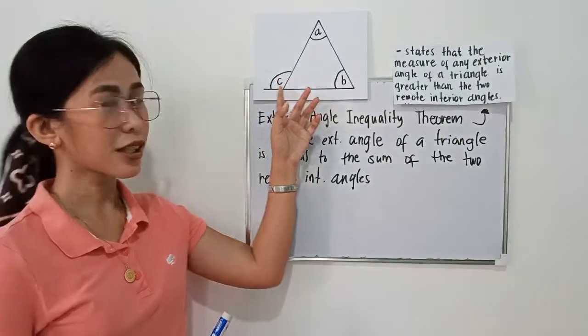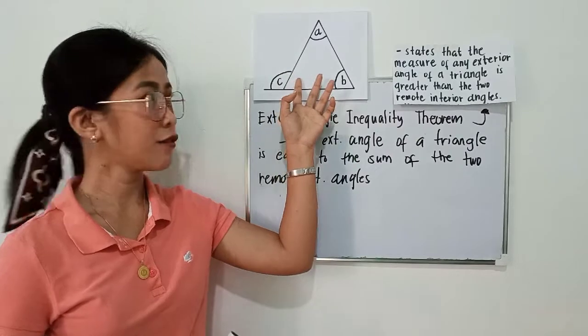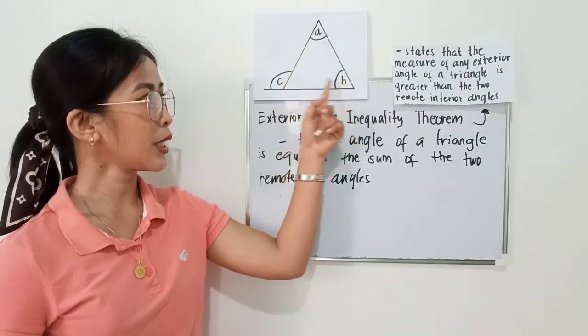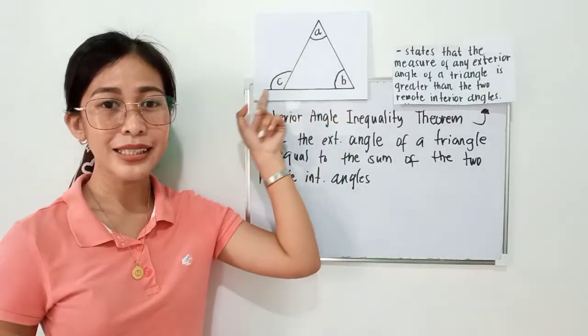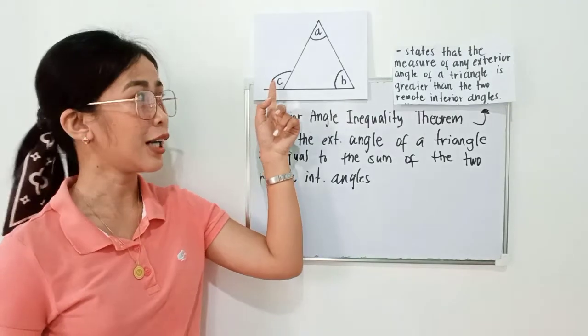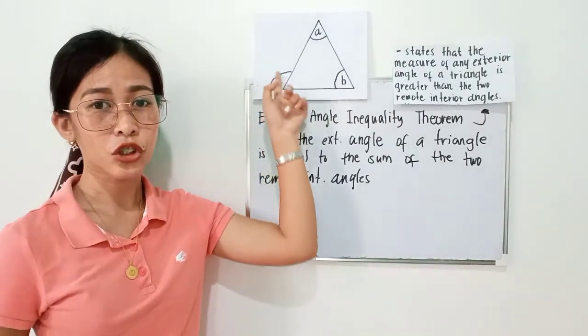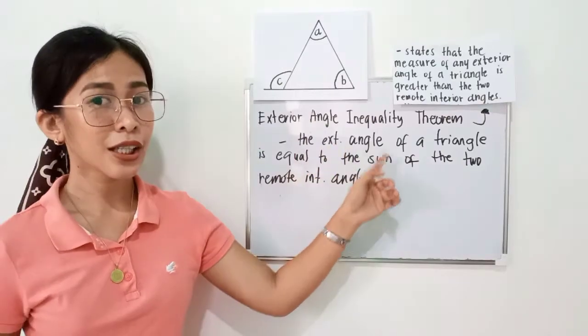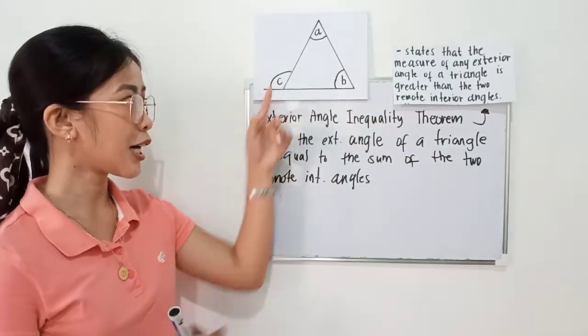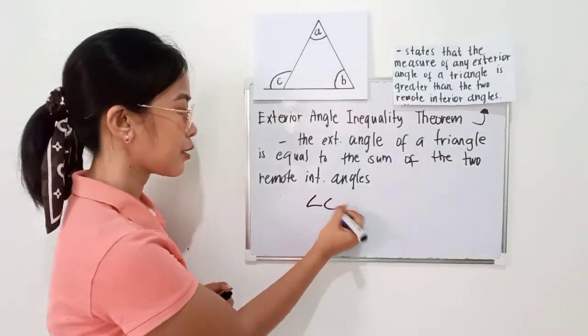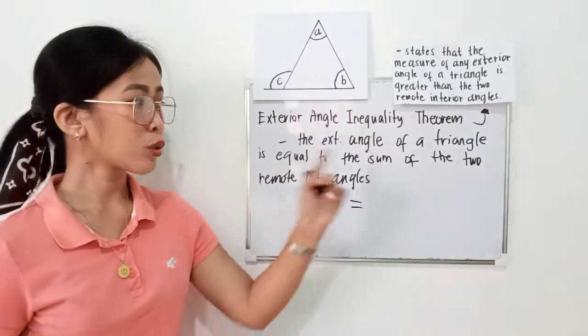Alright? So, take a look at this figure. We have an angle A, angle B, and angle C as an exterior angle, or an angle na nasa labas ng triangle. Sabi dito, the exterior angle, and ang ating exterior angle is angle C, is equal to the sum.